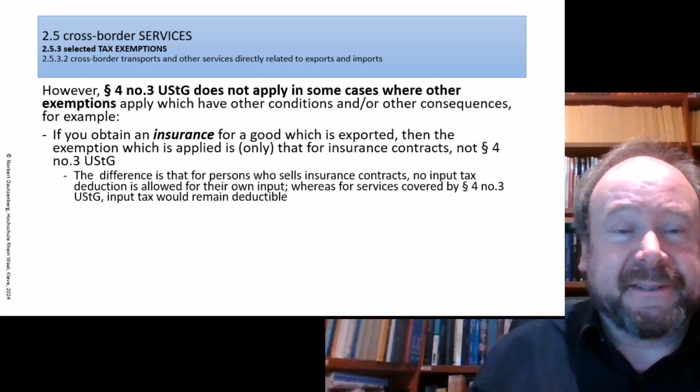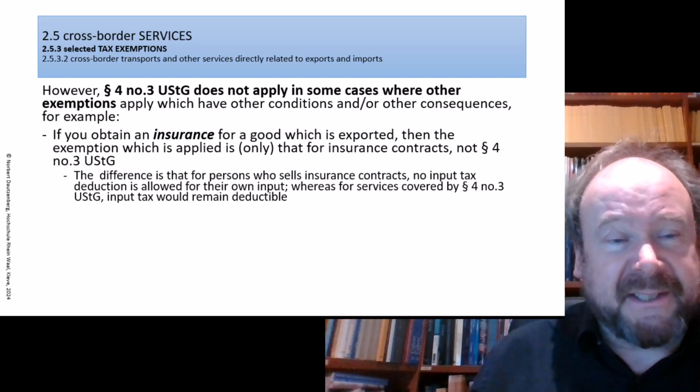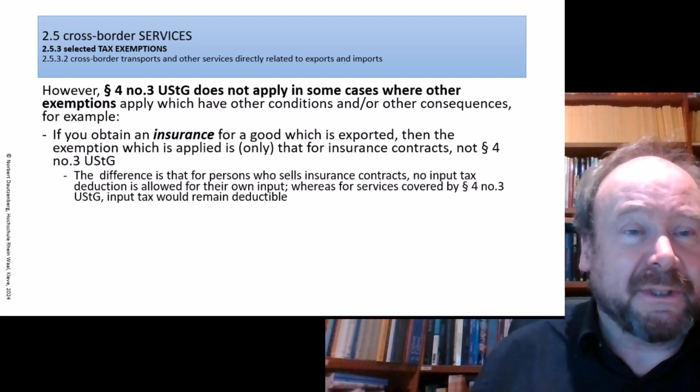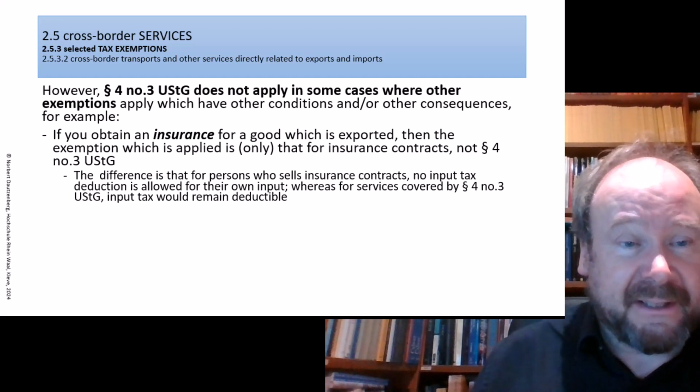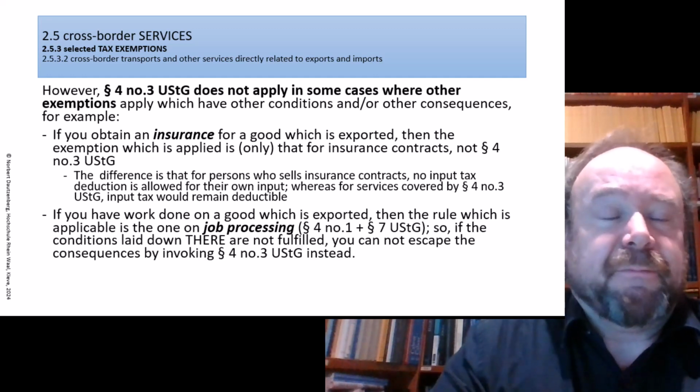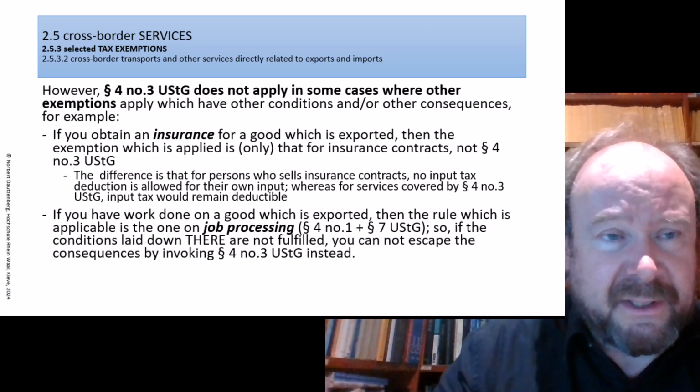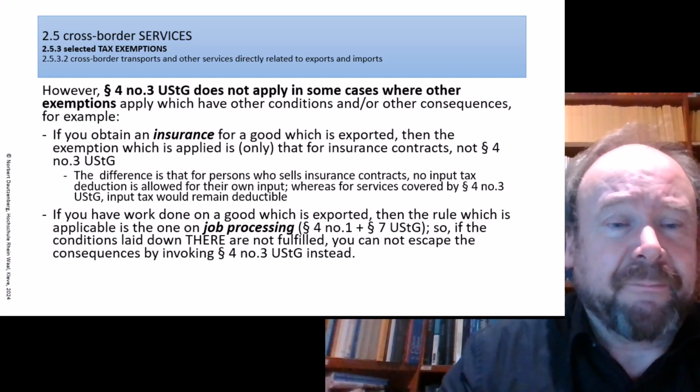So it is indeed a thing which matters under which exemption, under which rule you here get the exemption.